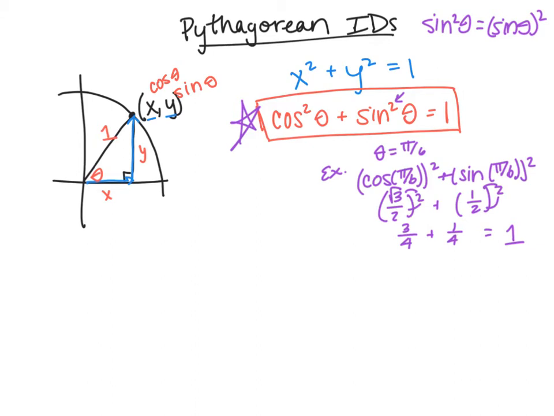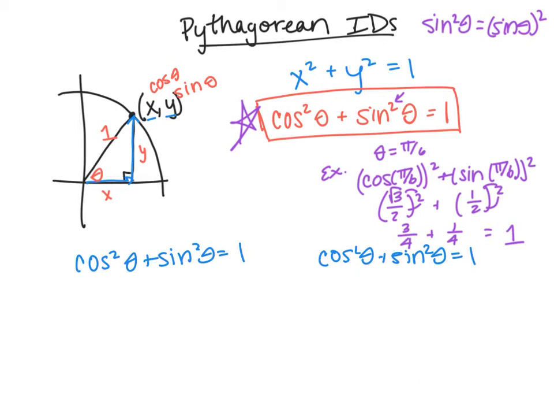We have two other versions of the Pythagorean identity. For both of them, we're going to start out with cosine squared theta plus sine squared theta equals 1. I'm going to write that twice here. The way we can build the other two is if we divide both sides of the equation by cosine, or if we divide both sides of the equation by sine.